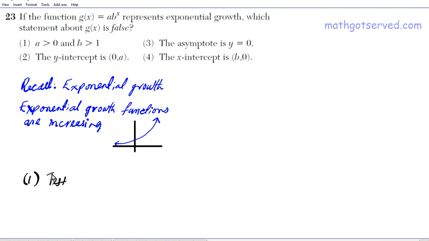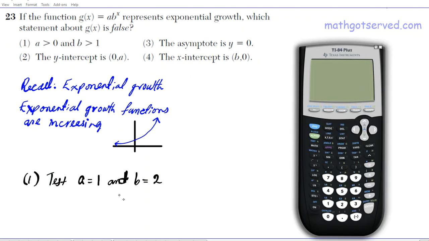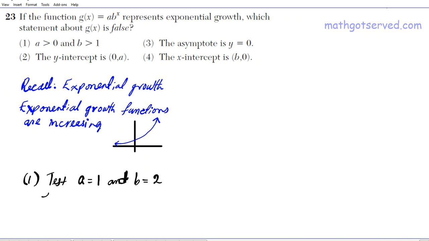test two a and b values that satisfy this condition. So test a equals 1 and b equals 2. Alright, so what we're going to do is graph the situation where g of x is 1 times 2 to the x, and see if we have an exponential growth scenario.